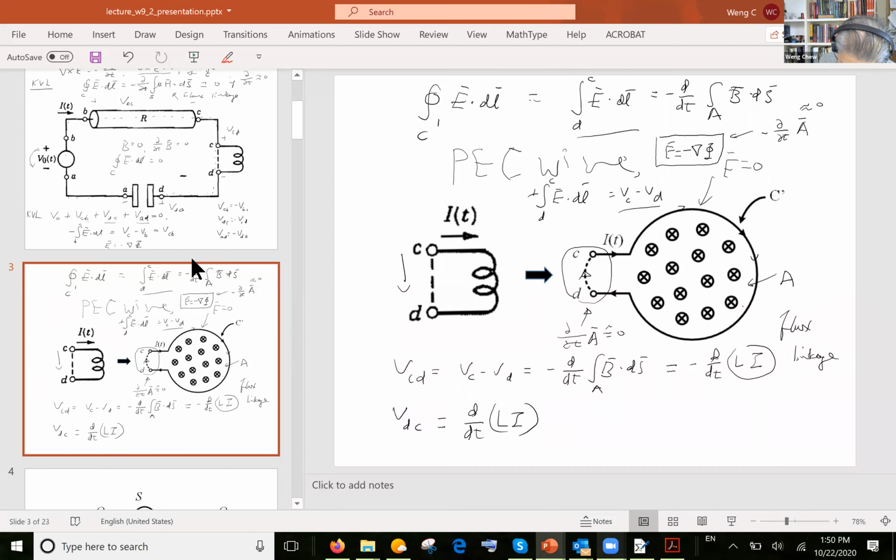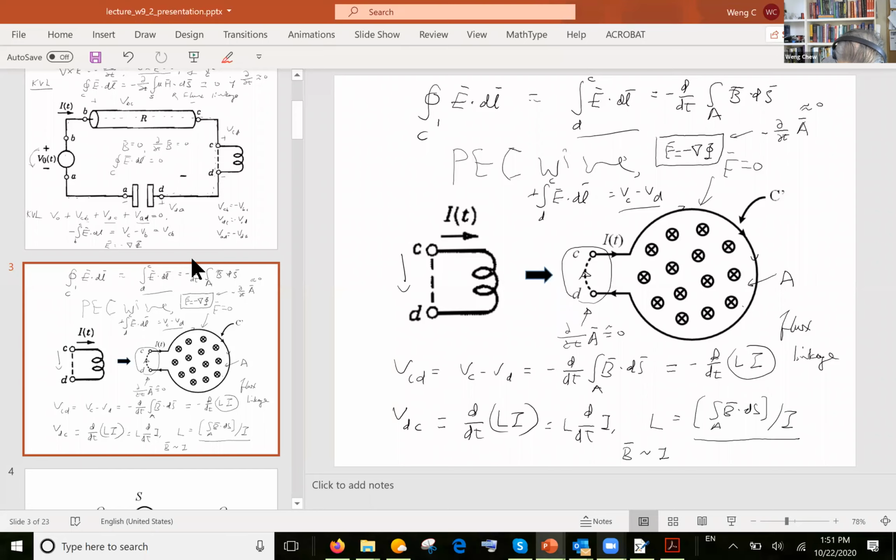Then this becomes L d dt of I, where the inductance is defined to be the flux linkage per unit current. If I plug that in, I will have B dot ds over A divided by I. Using this equation, the constant L is given by this formula over here, where I assume that the magnetic field B is proportional to the current.